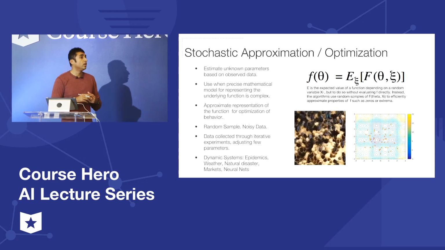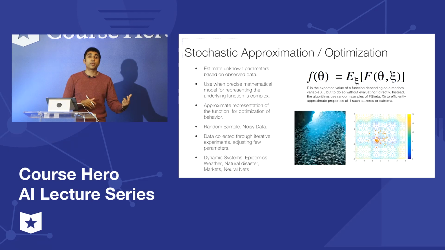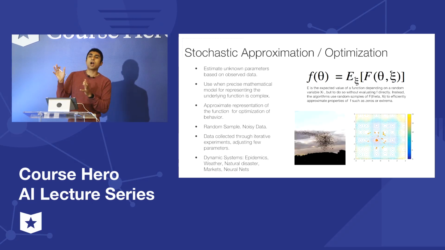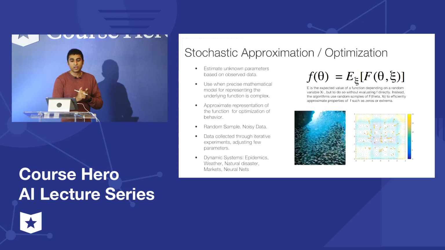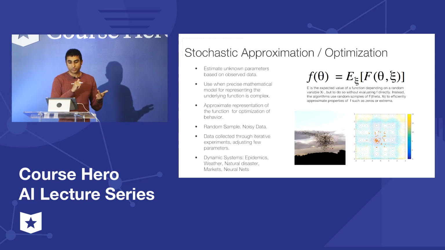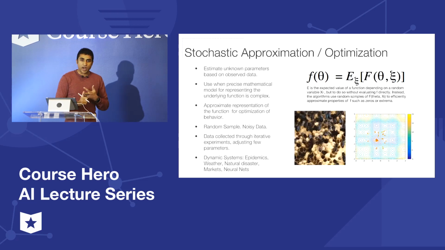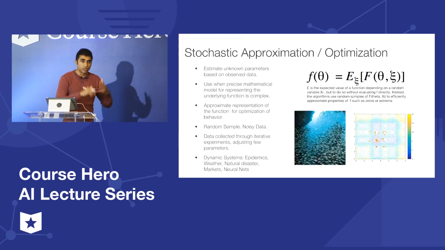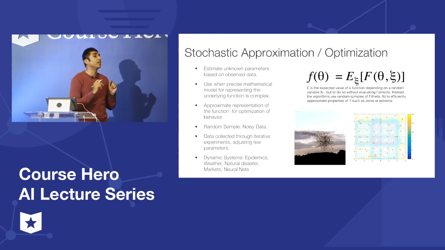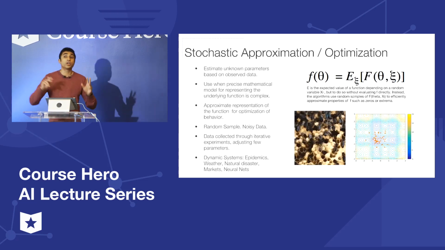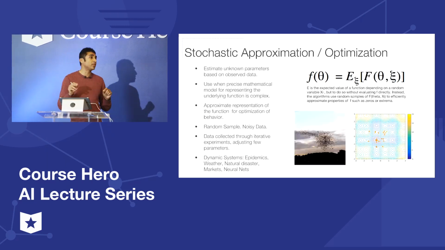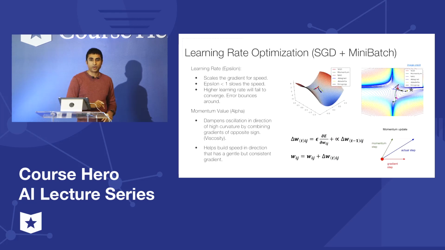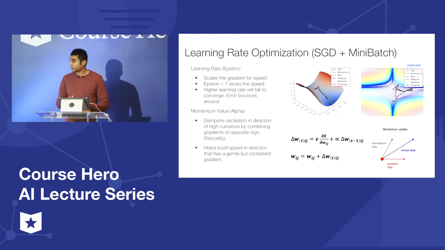So you use an approximate estimation of the parameters, which kind of models the complexity. You do this when you want to estimate unknown parameters, when the sample is random, when the data is noisy. So that concept of not just doing gradient descent, but what you call stochastic gradient descent. The stochastic approximation is where the gradient descent actually gets better.